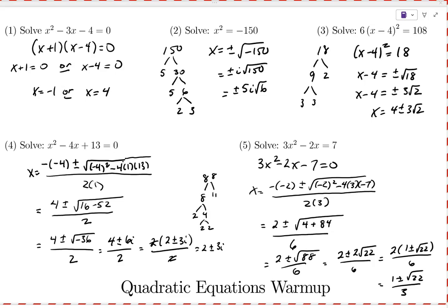Get down to here, notice that when we do minus, a minus makes a plus sign, so we don't get that i in that one, right? That simplifies to 88 under the radical. We can break down 88, got a pair of 2s, left with 22, so that's where the 2 times square root of 22 comes from. And just like the previous one, you can factor out a 2 and then simplify a little bit at the end. Any questions on any of those?